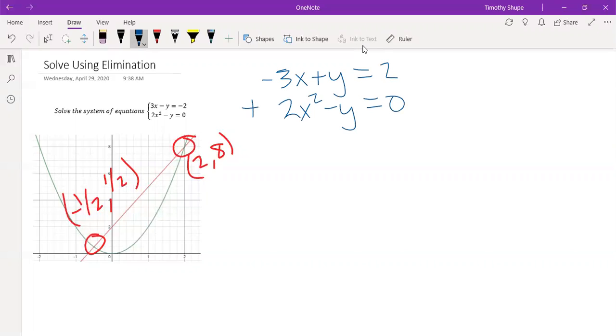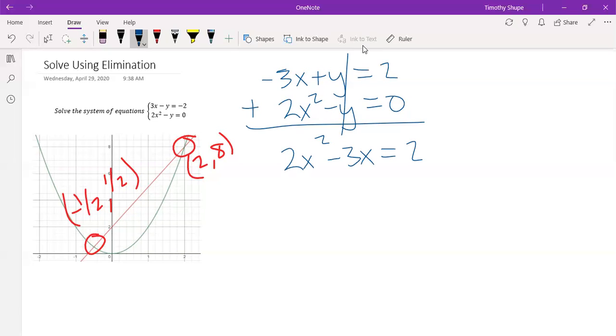Because if I add these two equations, a positive y and a negative y add to 0. I can't combine the x's into a single term, but I can combine them into an expression on this left side, 2x squared minus 3x. And then if I add the 2 and the 0, I get a 2.